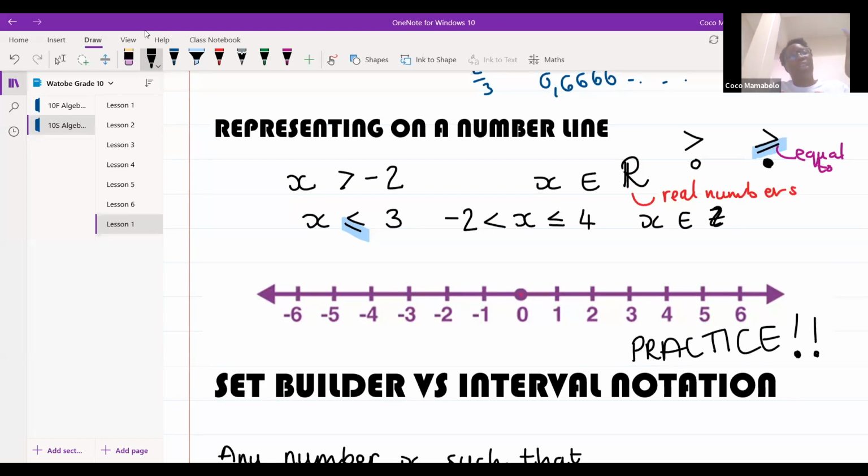So we would have to start at the number right next to -2, which would be -1. So we would start our dot there. And then we would include 0, 1, 2, 3. And because x is equal to 4, we would also include 4. That's how it would look. Okay, I hope that was helpful.